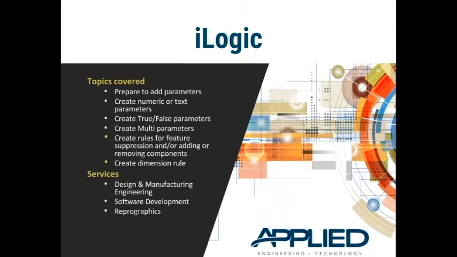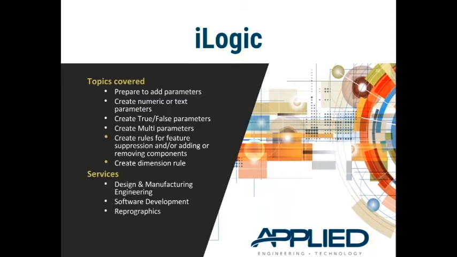So basically it's one step further than if you ever use iParts or iAssemblies. Essentially those do have a little bit of intelligence in them, in that you can make a selection in your model tree and see an assembly update to a different style of design.